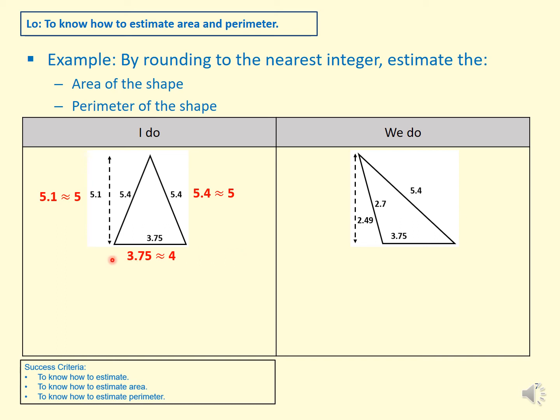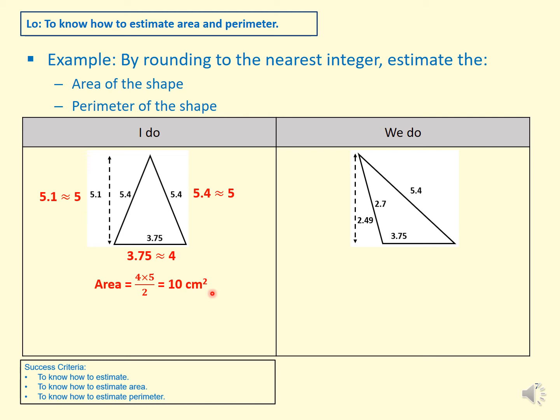Here, those lengths that make the angle of 90 degrees, a right angle, are the base and perpendicular height. So here, this is the perpendicular height and this is the base. As you can see, these two lengths make the angle of 90 degrees. So I use 4 times 5, then divide by 2 for the area of the triangle. So 4 times 5 is 20, divided by 2 is 10 centimeters squared. That's the area of this shape.